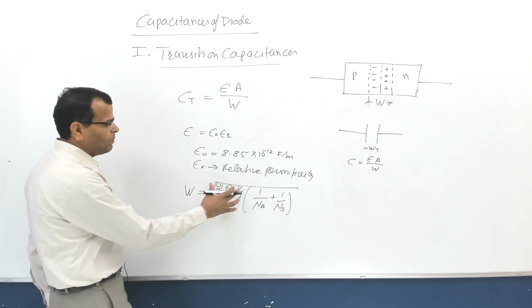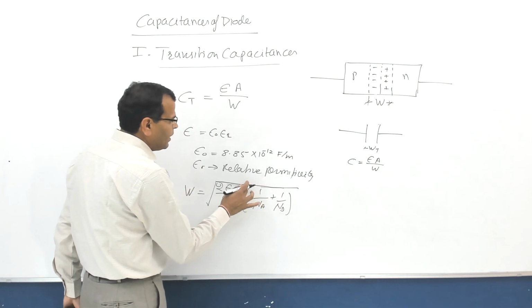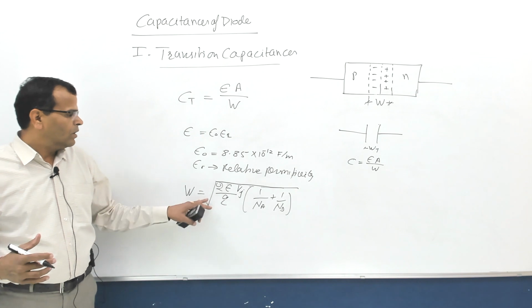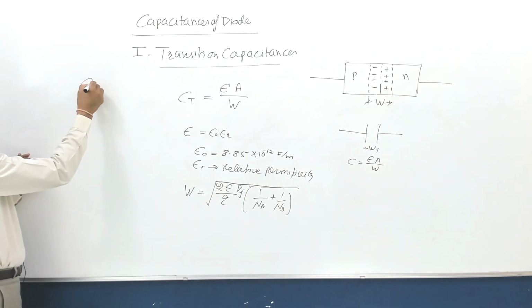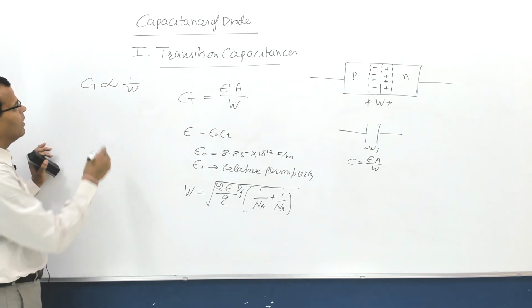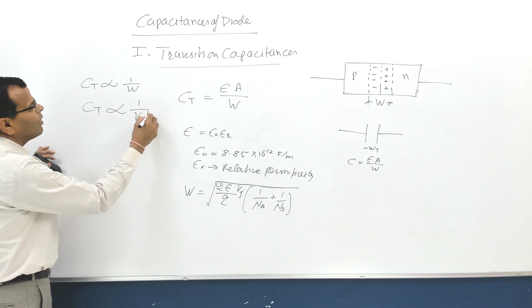We have already discussed this topic. We have already derived the expression of depletion layer width for different biasing conditions. This is what I have. So since this CT is inversely proportional to W, what will happen? This CT will be inversely proportional to 1 by 2.